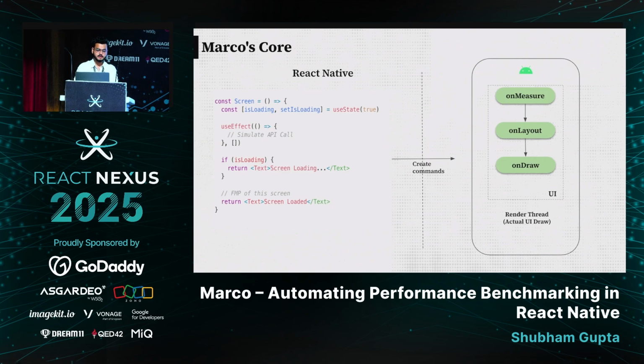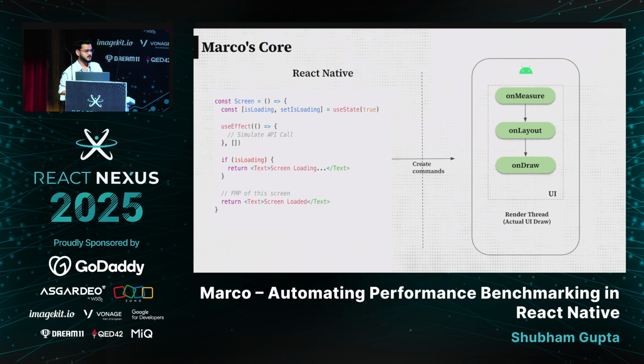And we know that putting the performance marker in the useEffect is not going to be helpful. So we need to go one level deeper on the Android side to see how the screen loaded text is actually visible. React Native will firstly create some commands, as you all know, with important information like type of view, styles, and ID.